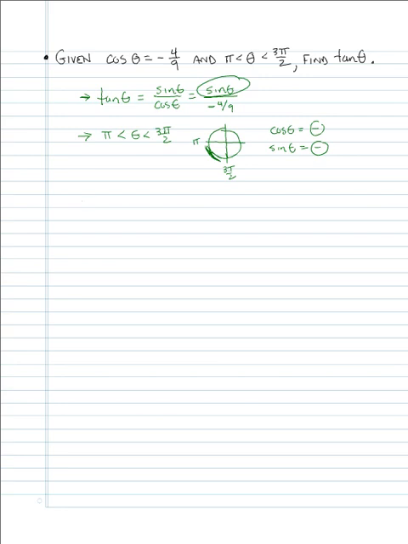Now, we haven't used it yet, but we do know that the cosine of theta is equal to negative 4/9. And this is the way I'm thinking of this: we need to know the sine of theta.